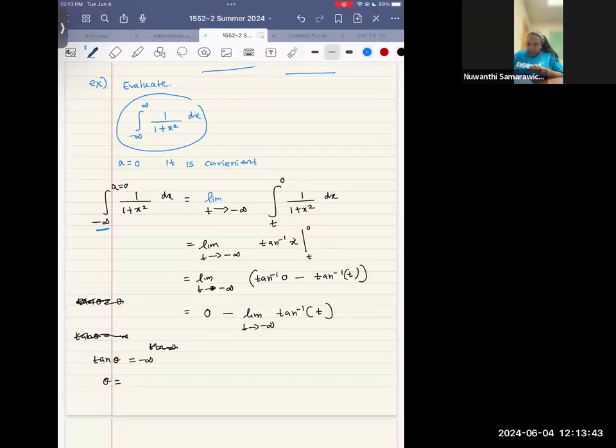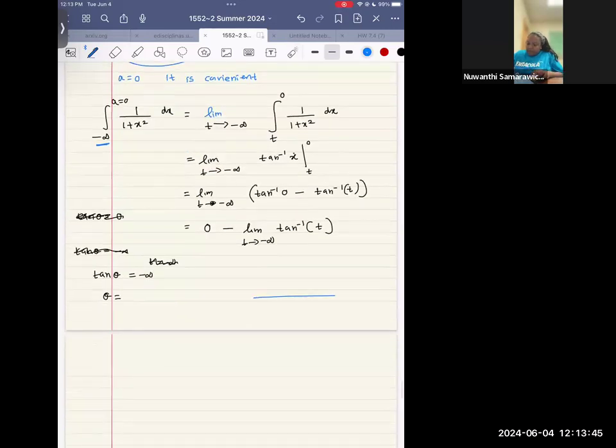If you remember the basic graph of the tangent, it will look like this. This is pi over 2, this is negative pi over 2. Yes, good, Matthew, it's negative pi over 2. So this is tangent theta.